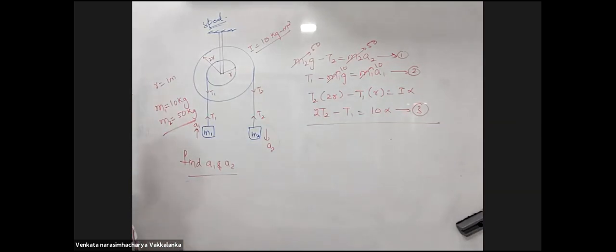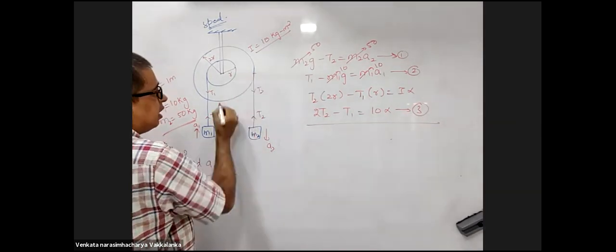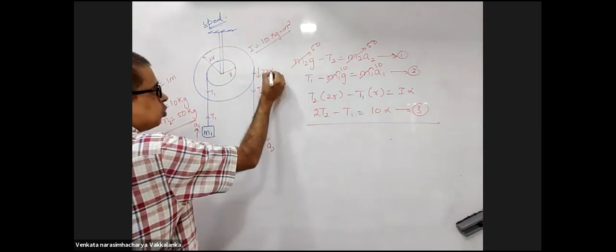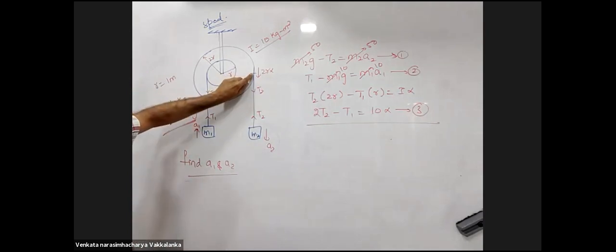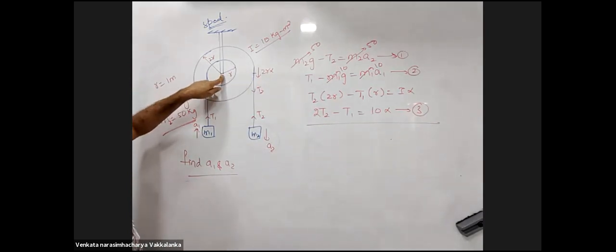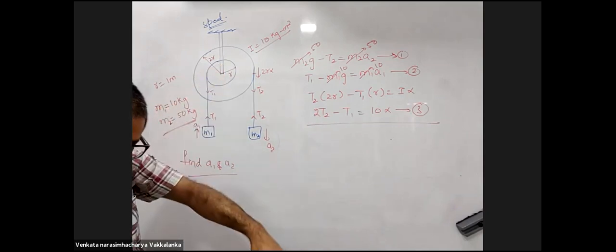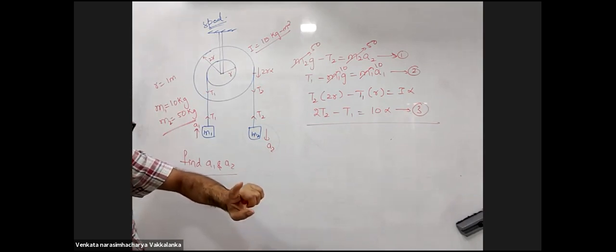Now observe the constraints. Acceleration of this point with respect to center of mass is 2R alpha, plus acceleration of center of mass with respect to the ground is 0.